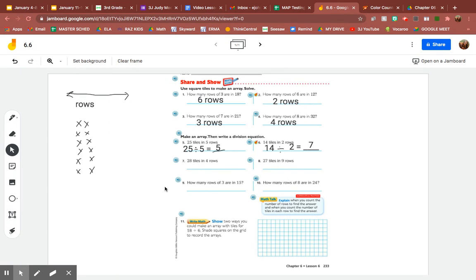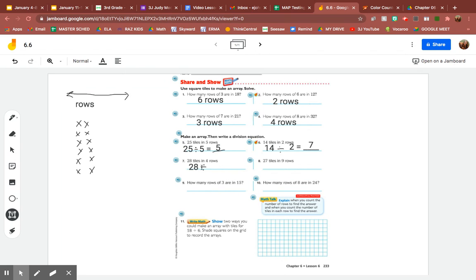Okay, let's do one more problem together. And let's go ahead and do 28 tiles in 4 rows. First, we need to come up with the division problem. Well, I have 28 objects in all. That's always my first number. Divided by how many rows do I have?